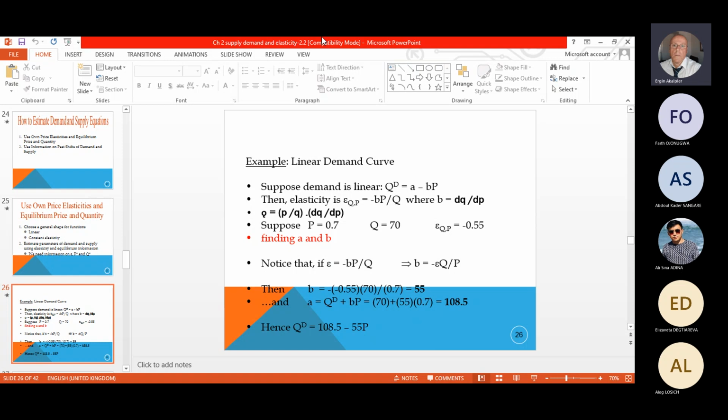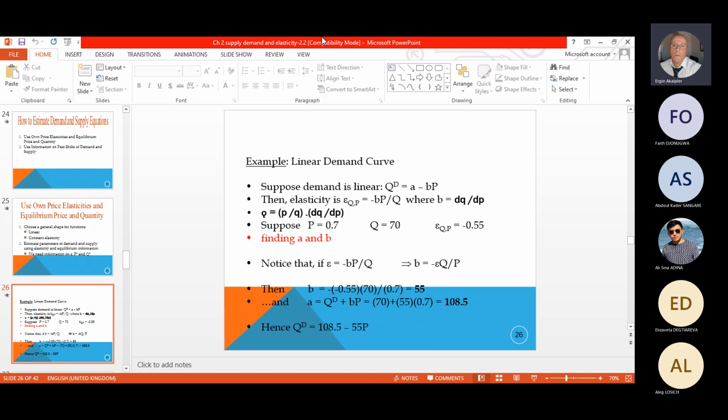As given in this example, suppose P is 0.7, Q is 70, and elasticity for this equation is minus 0.55, which means it is negative, and demand is rigid, or inelastic. When you put this into the equation for finding A and B, because we don't know A and B, you use the given information and put it into the equation for the elasticity.